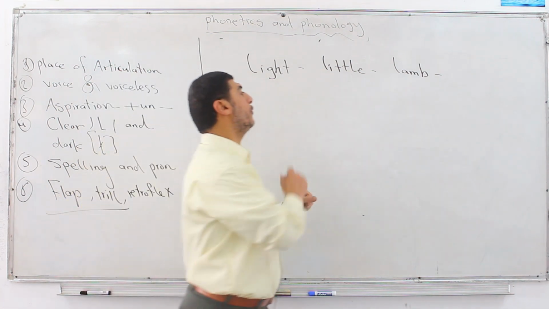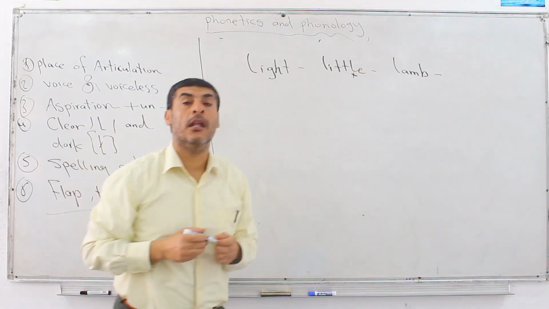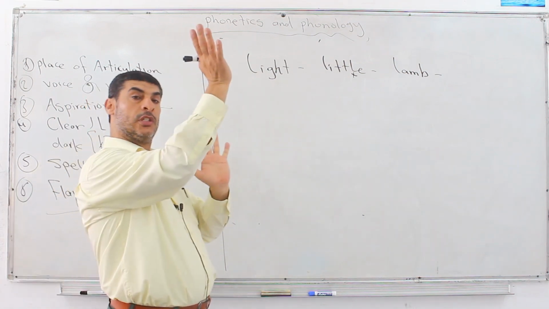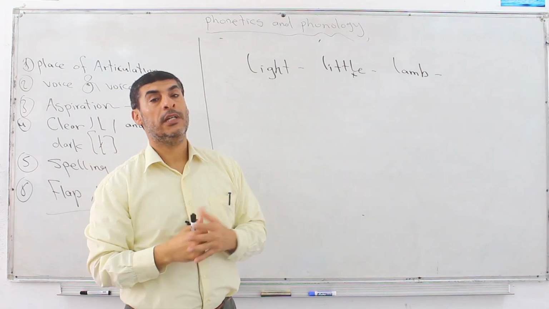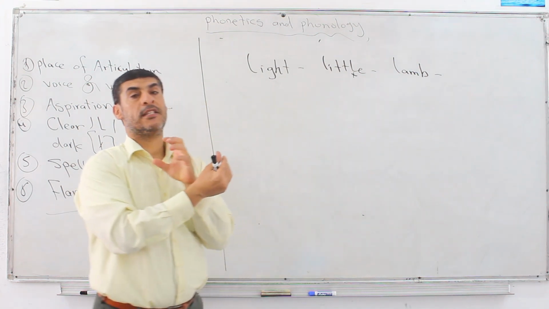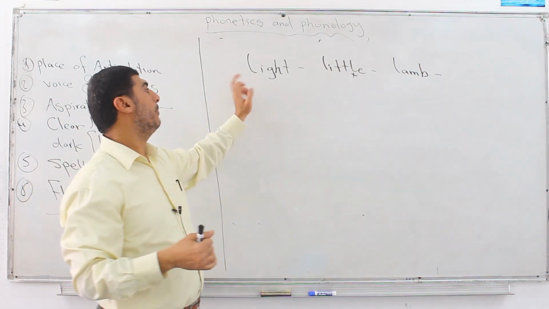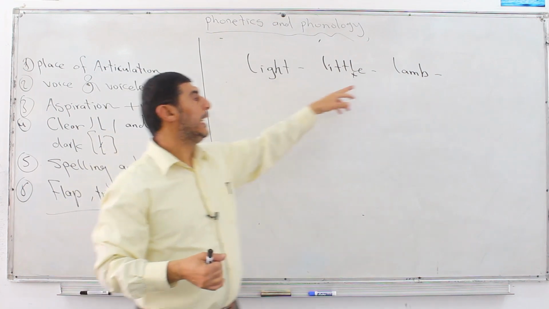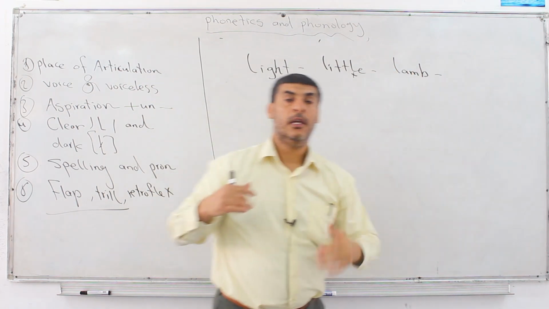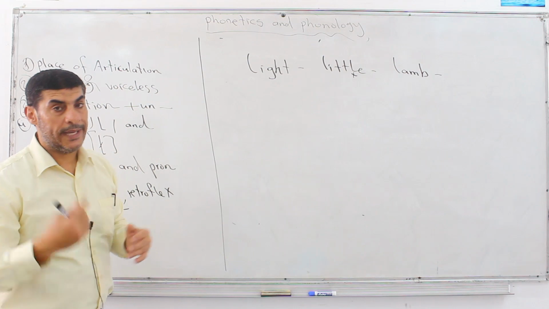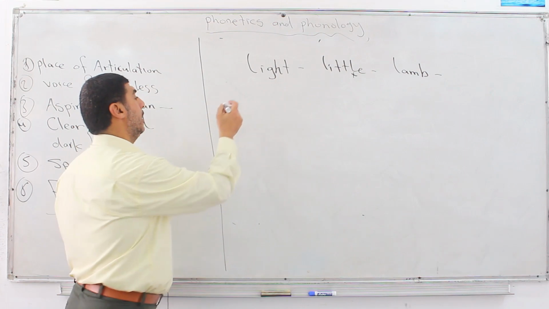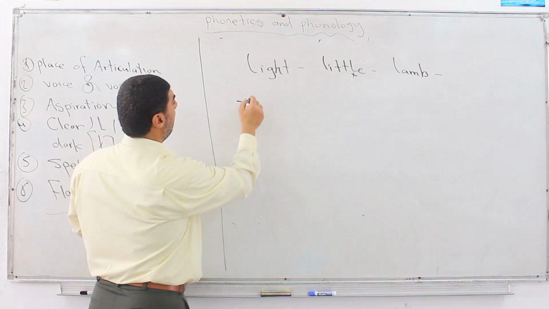When we say little, focus on the second l. You will feel that the tip of your tongue goes back to touch the end of the hard palate. So this can't be alveolar, because your tongue makes a different movement from the l in the initial position. Lamp, brittle. Try to say brittle. You will find that the tip of your tongue goes back. So once again, if the l comes initially, this is called clear l.